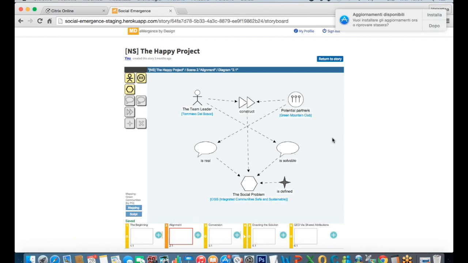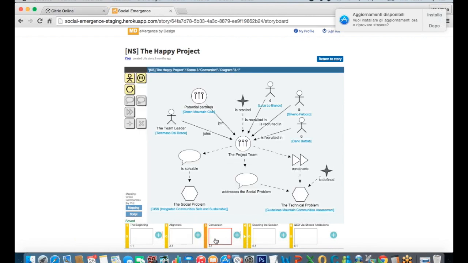There were a number of potential partners that thought that the problem was real and solvable. But when this initial group had to start recruiting other members, the alignment of the directedness hadn't really been checked.